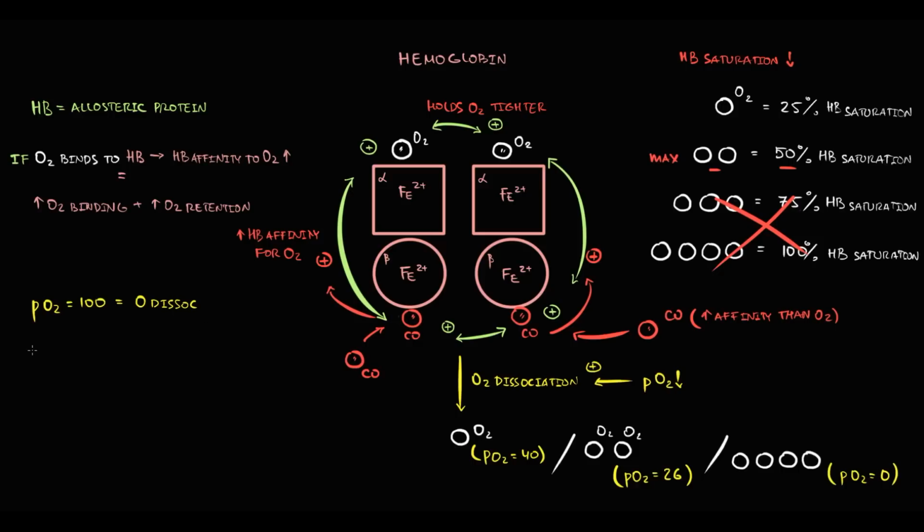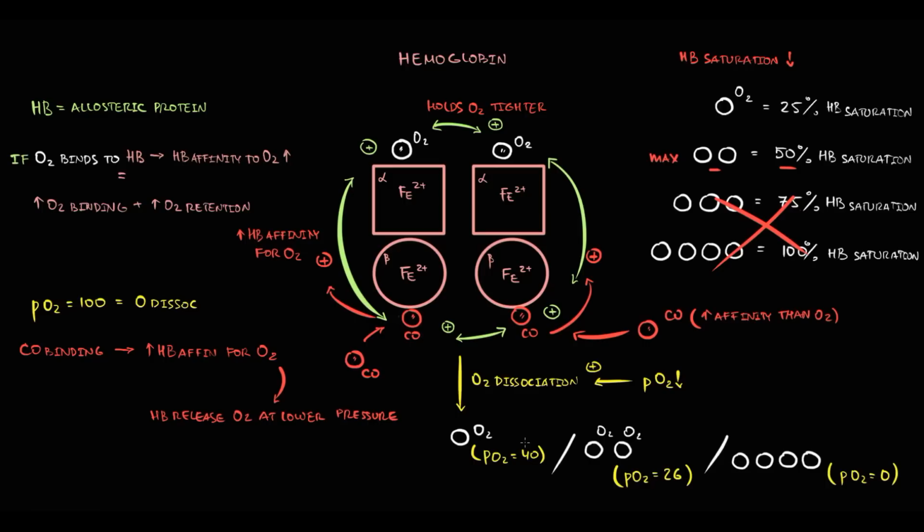So to summarize this step, carbon monoxide with binding increases hemoglobin affinity for oxygen. This forces hemoglobin to hold oxygen more tightly, and as a result, hemoglobin will release oxygen in an environment with a lower oxygen pressure.